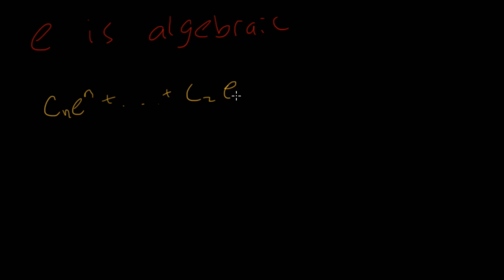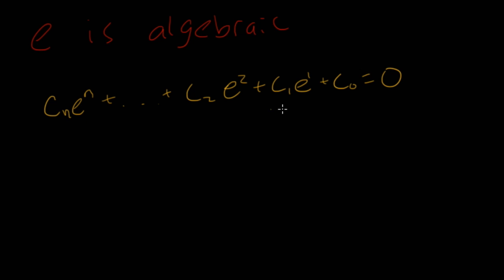So now that we have that nice relation, it's time to assume that e is algebraic. I'm not going to go into why we define an algebraic number like this. Maybe I'll do that in another video, but just for brevity, we will define e to satisfy this relation: c sub n times e to the n plus and so on plus c2 e squared plus c sub 1 e to the 1 plus c sub 0 equals 0.